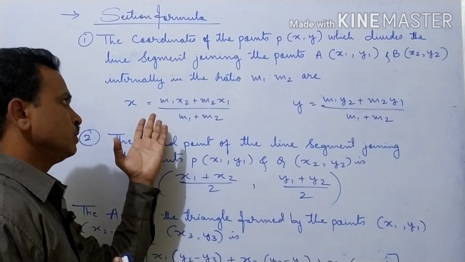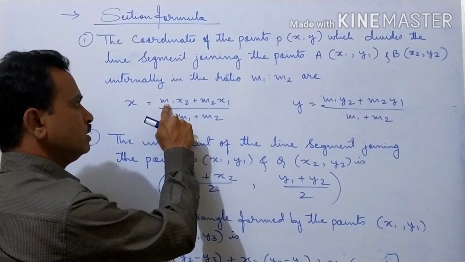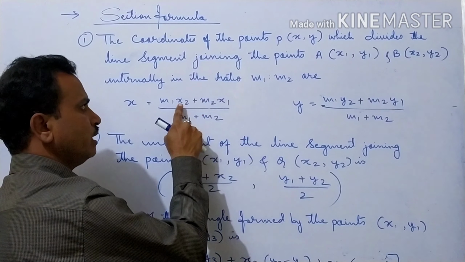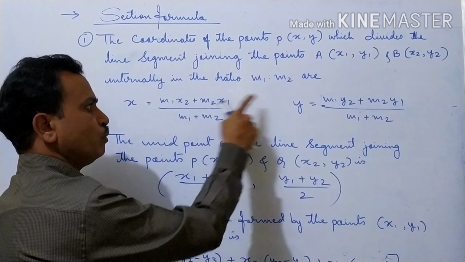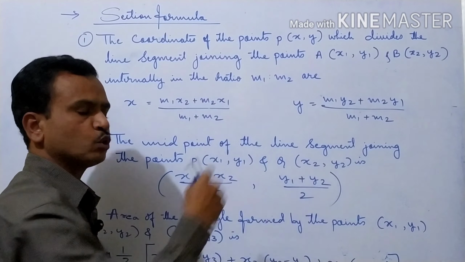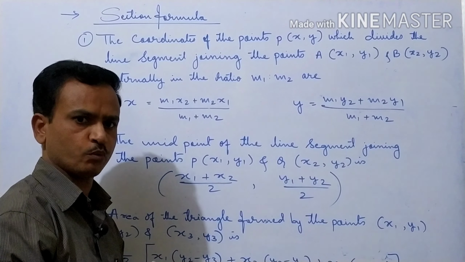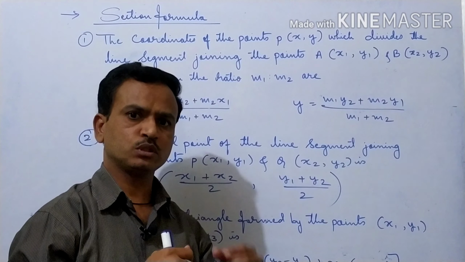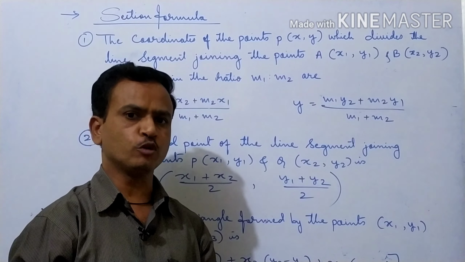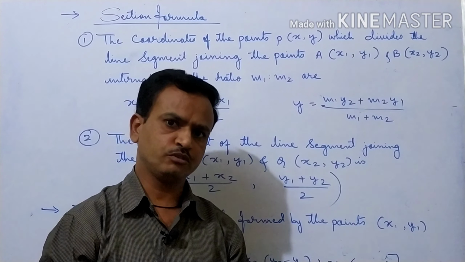To find the y coordinate, just write the same m1, instead of x2 write y2, then m2 as it is, instead of x1 write y1, whole divided by (m1 plus m2). How to get this I showed in the coordinate geometry chapter. If you want, you can search for that video.